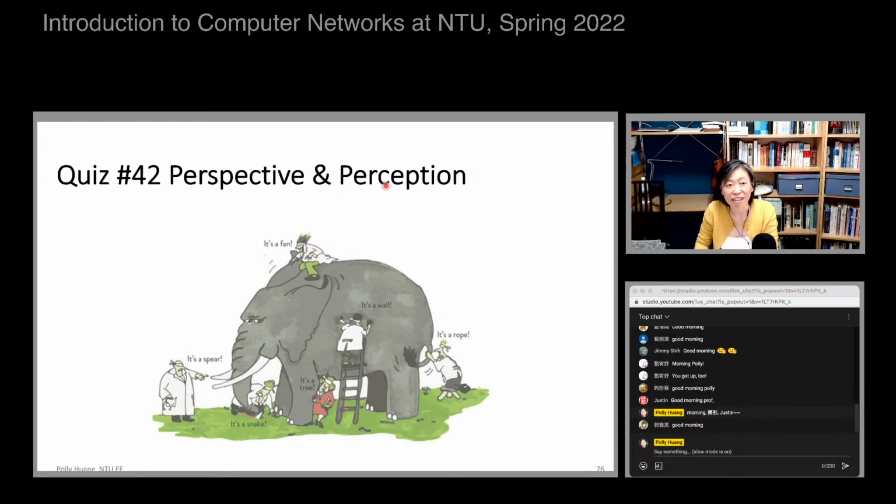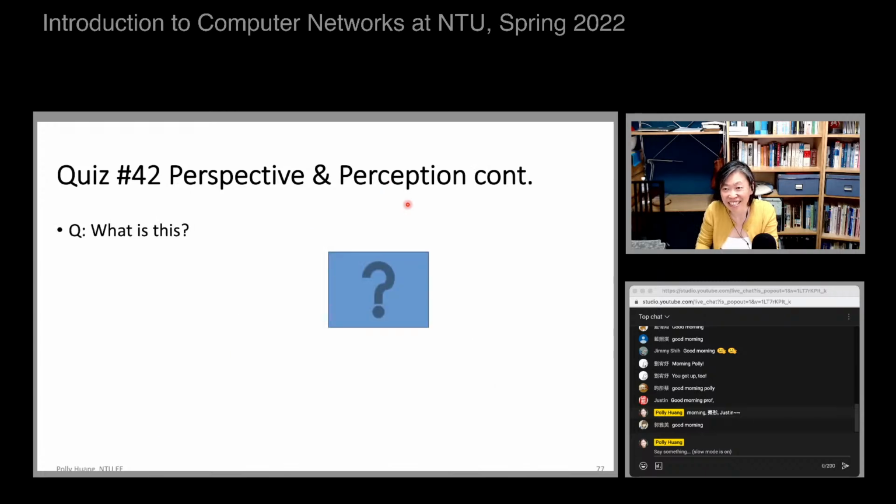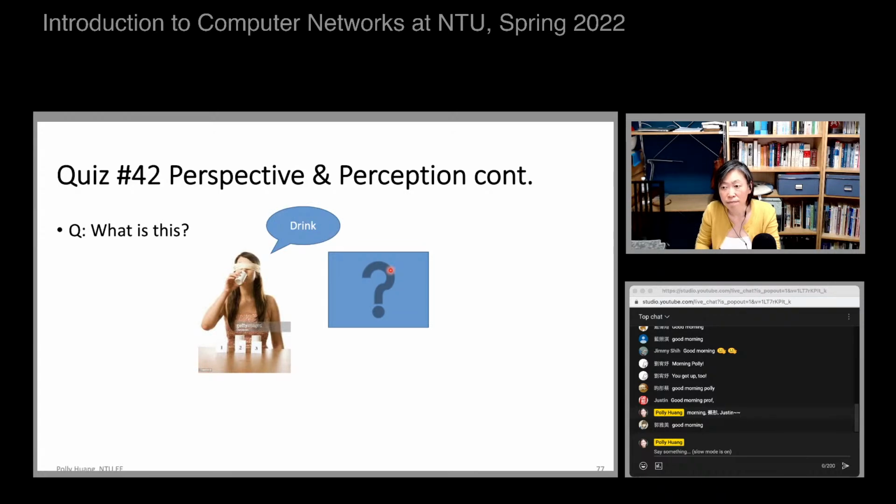Okay, now let's try this, guys. The quiz is finally coming. So let's try to guess what the object is, given the hints from blindfolded testers. The first tester tries the object out, and says, this is a drink.